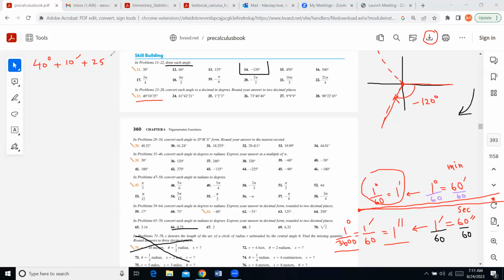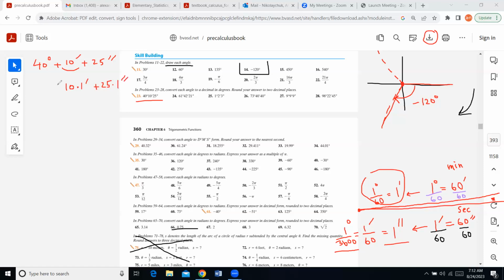So I'm going to go with the 10 minutes, which is going to be actually 10 times 1 minute, right? And analogously, 25 seconds is 25 times 1 second.